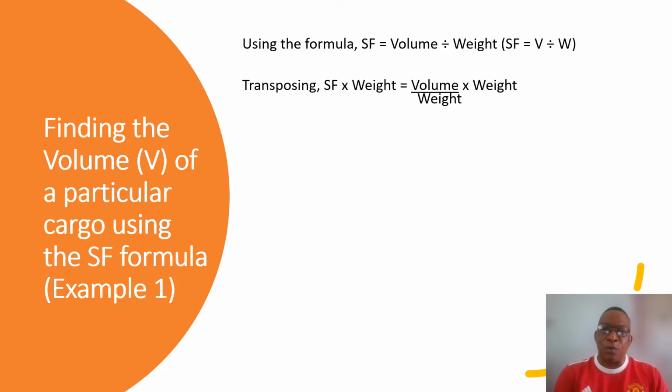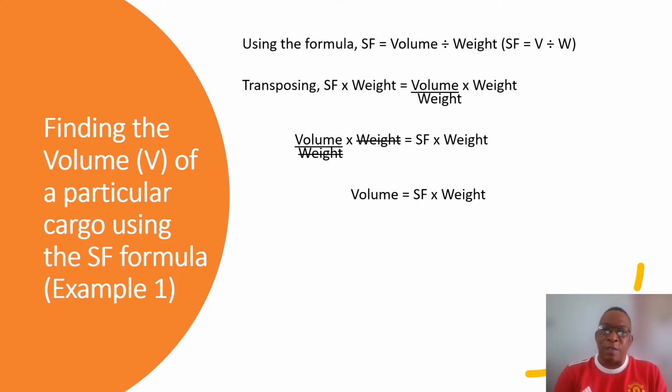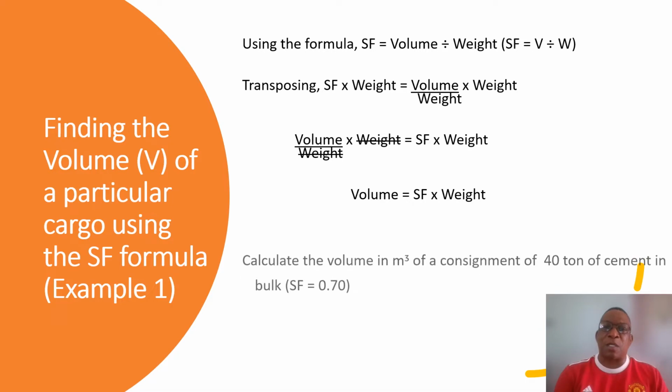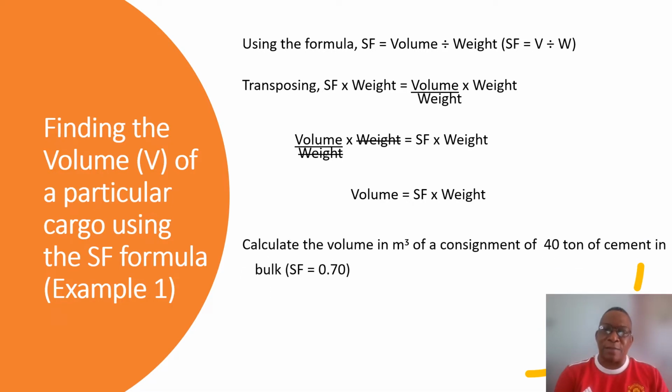In doing so, we would eliminate the weight, and so we would be left with volume equal stowage factor times weight. So this is an effort of transposing just to make volume the subject. From then on, it's going to be smooth sailing.